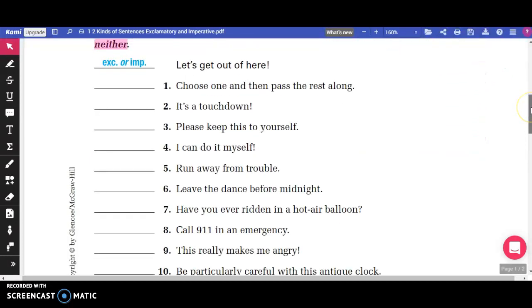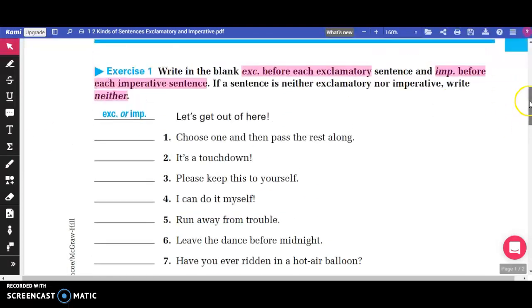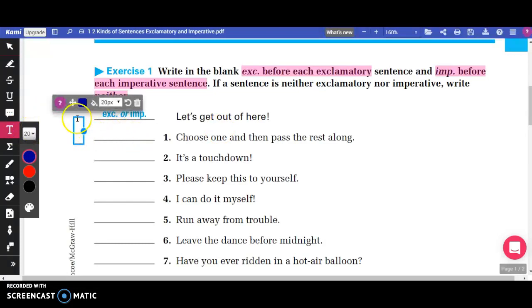All right, so let's go ahead and do a couple of examples together. The first sentence is, choose one and then pass the rest along. Now, the way to figure this out is to ask yourself, is this person exclaiming and showing strong feeling?